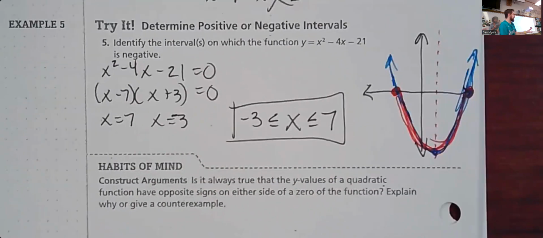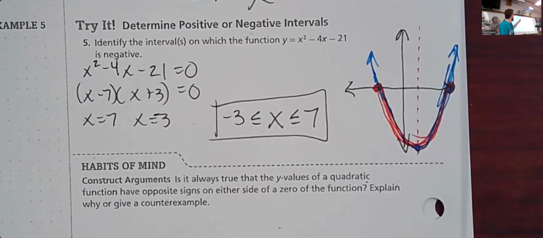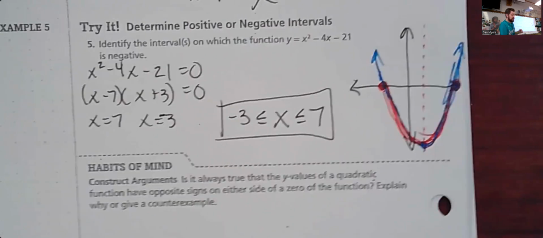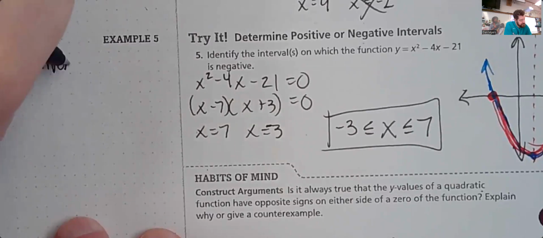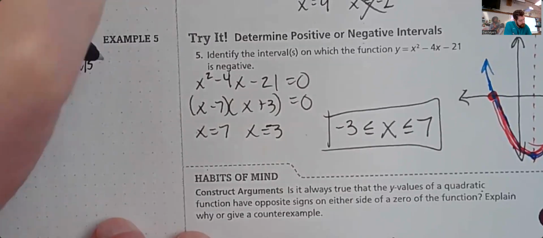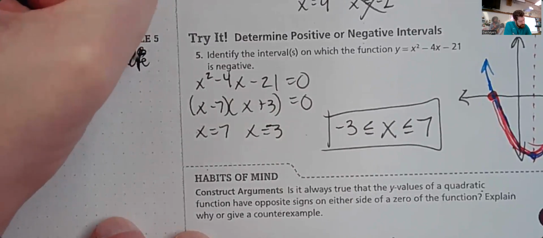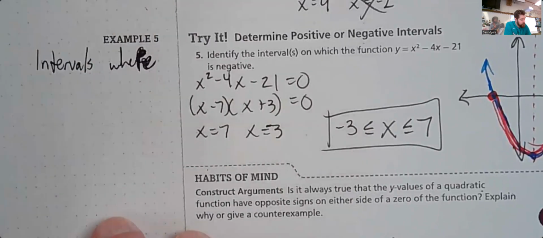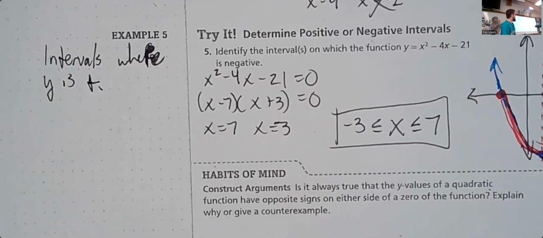Now, if it was the other way around, if I were to ask you real quick, on which intervals is the function positive? So let's do this over here. Intervals where y is positive. Glad I don't teach English.